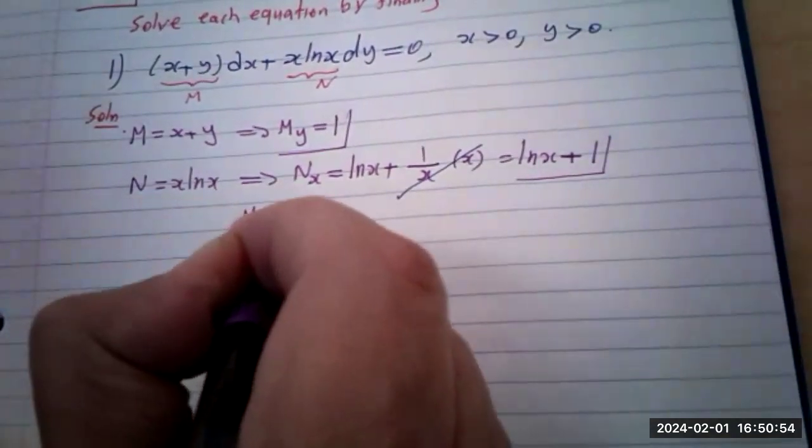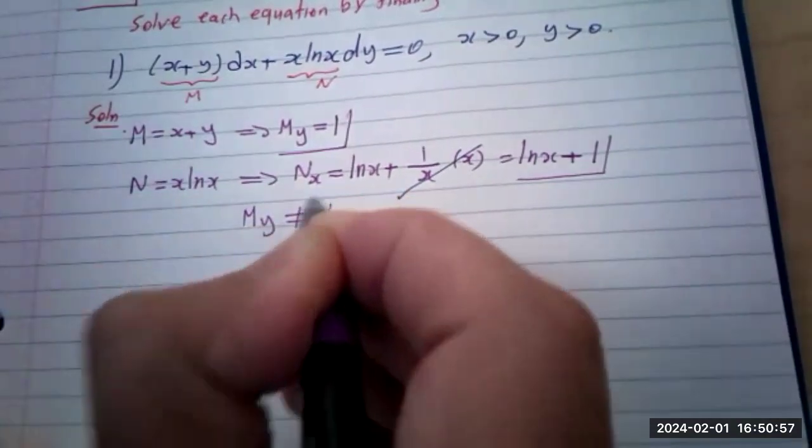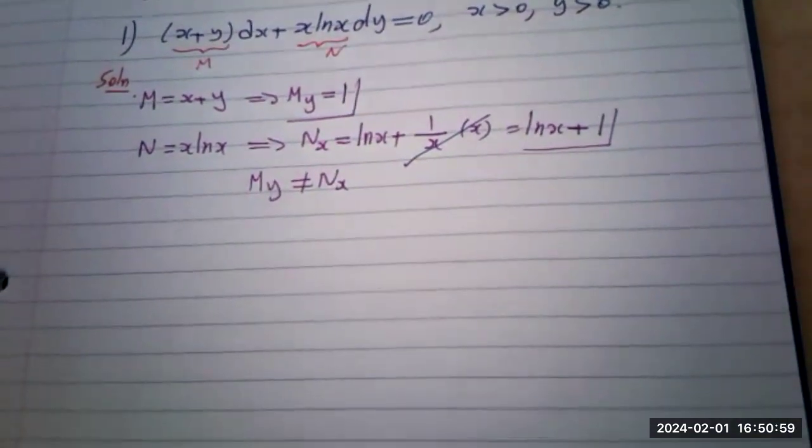As you can see, they are not equal to each other. So M sub y is not equal to N sub x. Now we would like to look for the integrating factor.